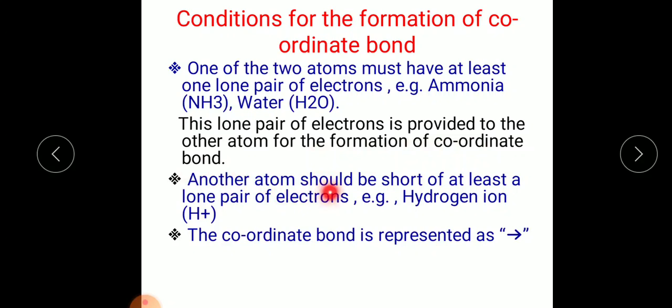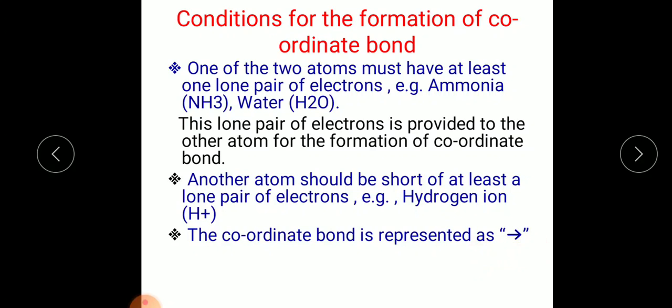Second point, the other atom should be short of at least a pair of electrons. Example, hydrogen ion. That means the other atom should be deficient in electrons, so that the lone pair can be accepted by it.